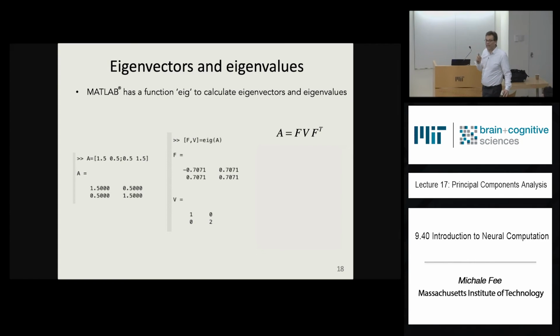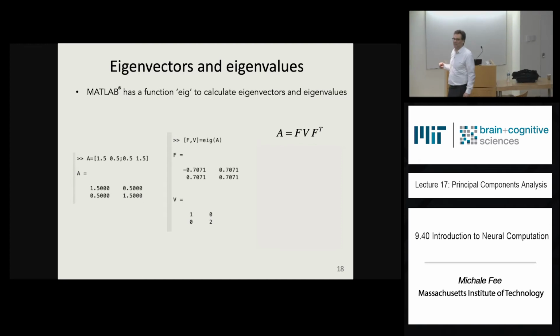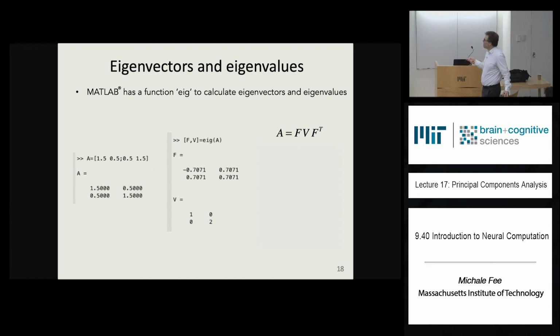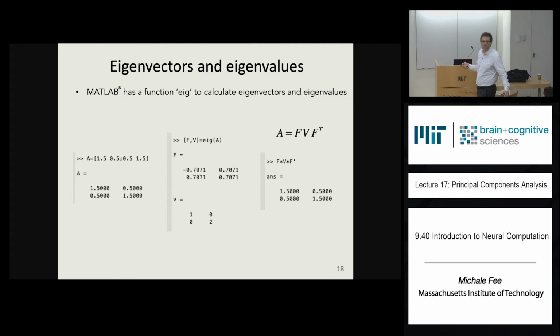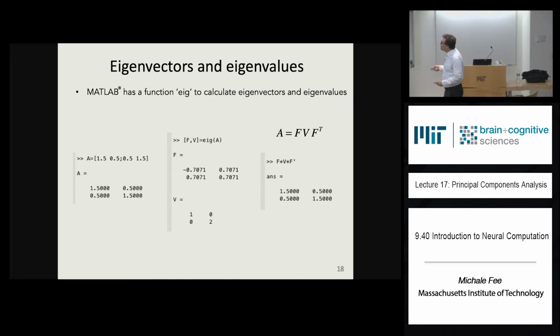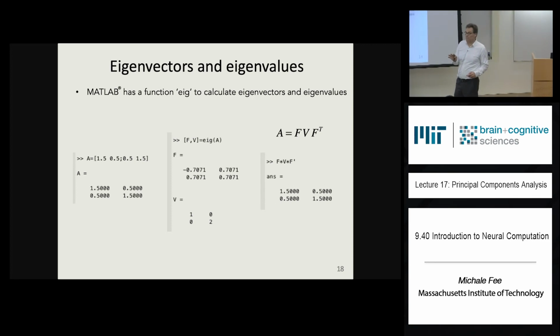F is just phi in the previous equation, and V is the lambda. Sorry, they didn't have phi and lambda in the options for variable names, so I used F and V. And you can see that F, V, F transpose is just equal to A. Any questions about that?